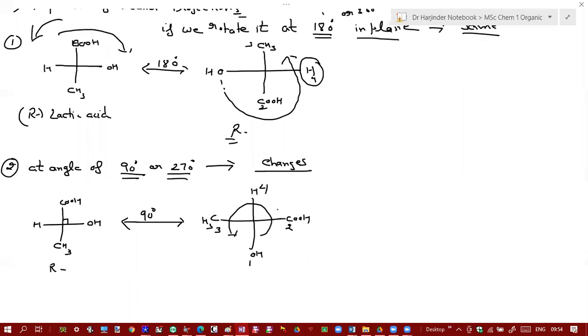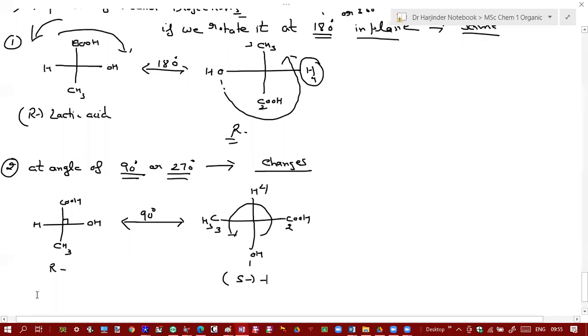So whatever configuration we get from the direction of rotation, we write the same. So it is S lactic acid. You can see its configuration has changed. Is it clear? Yes, sir.